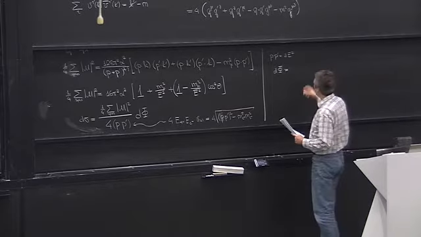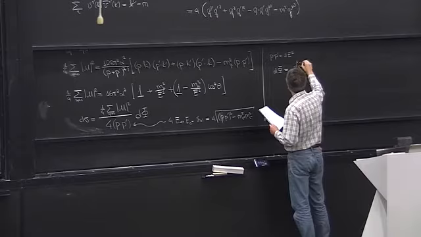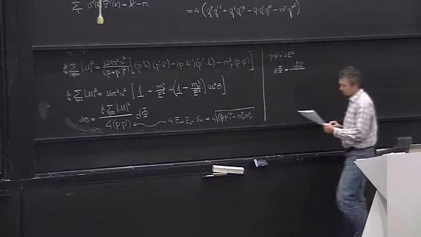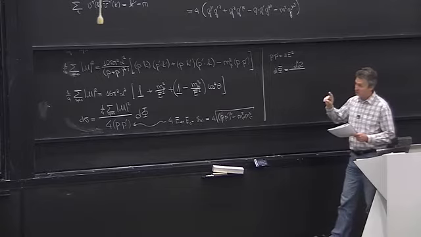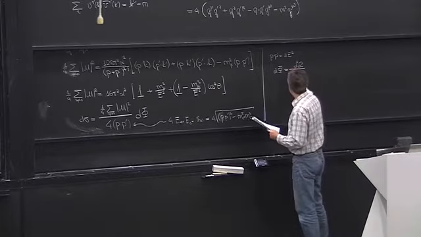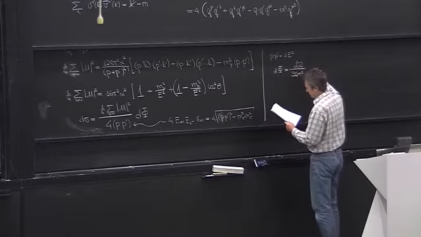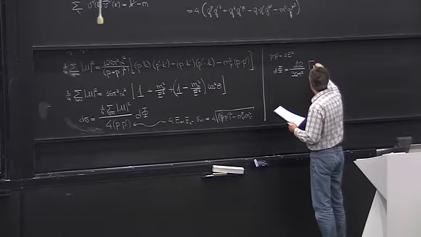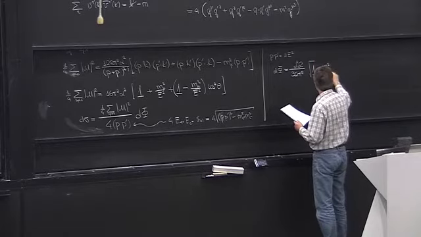So the phase volume was equal to the element of the solid angle in which the muon flies, divided by 32 pi squared, and the square root of 1 minus m mu squared divided by E squared.